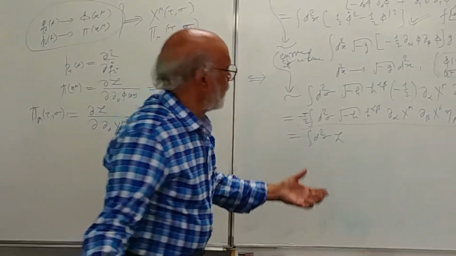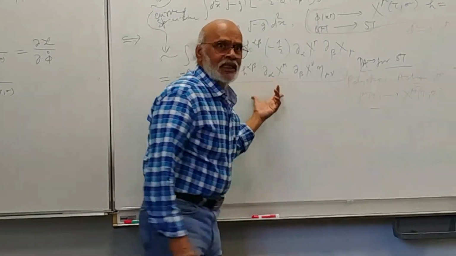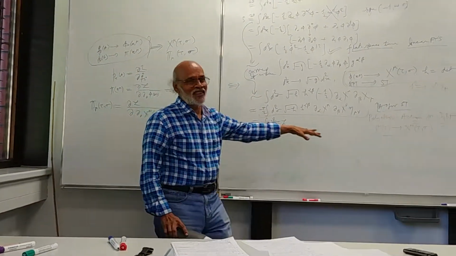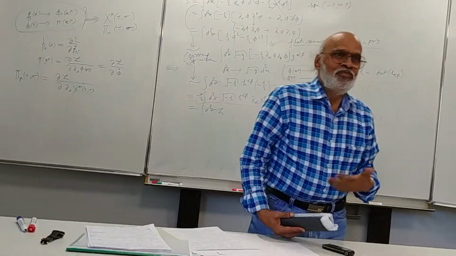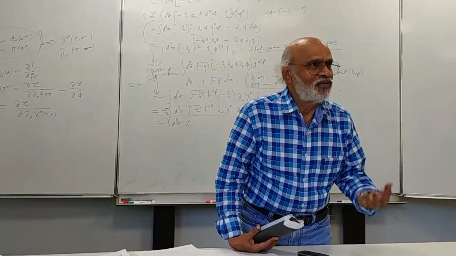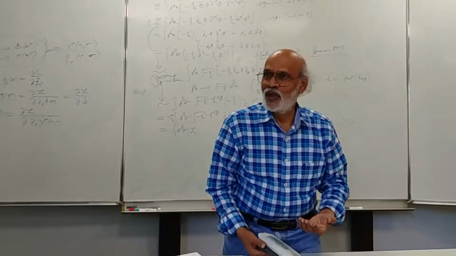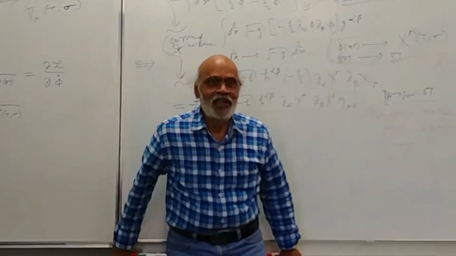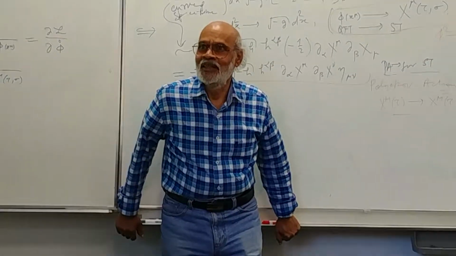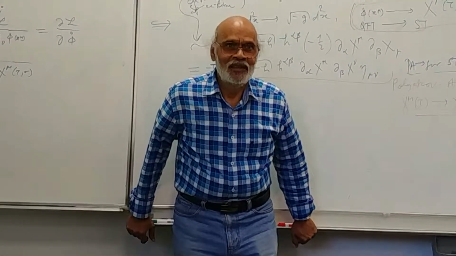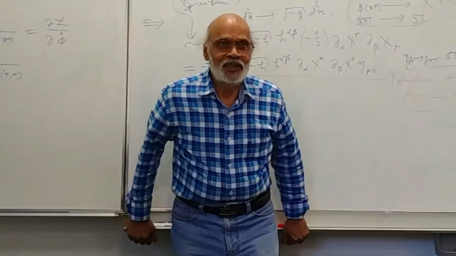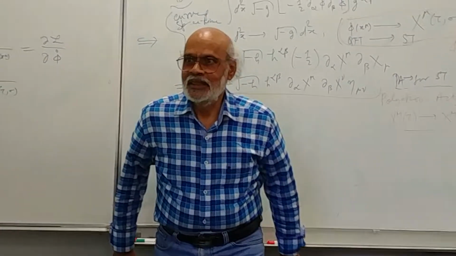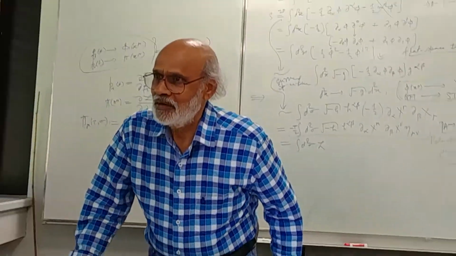Then we look into the symmetries of this action. This is by no means a derivation of this action. This is just an intuitive, pedagogical way of trying to understand the analogy, what kind of generalizations are involved in the subject of string theory.